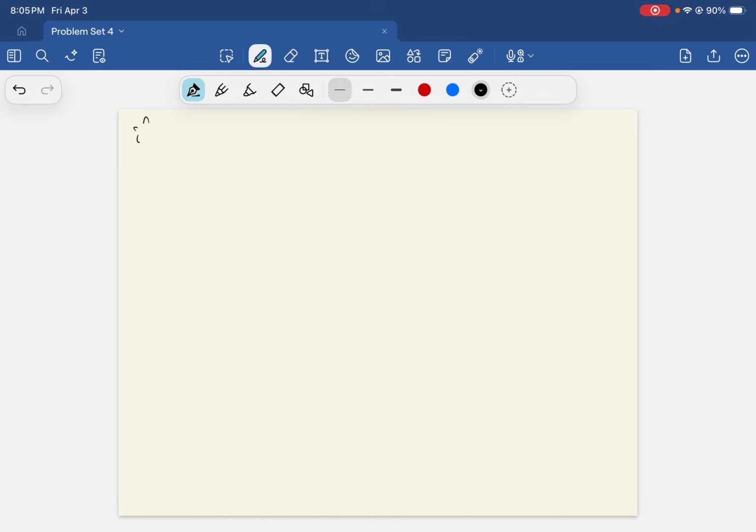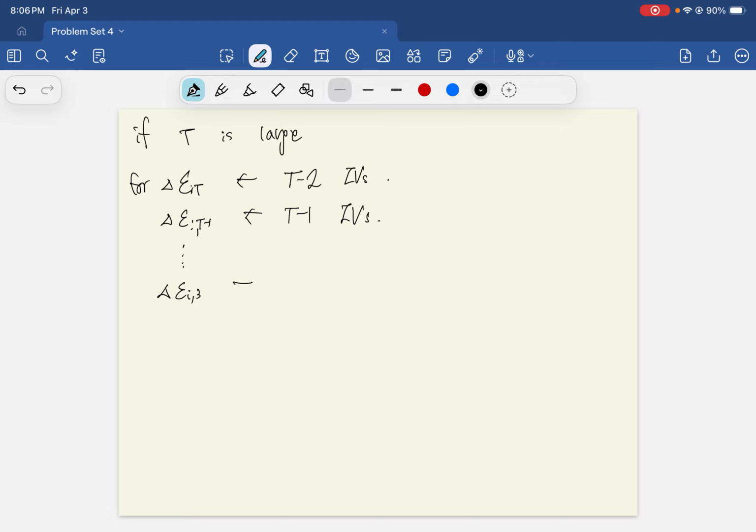Of course, if T is large, then it will be more complicated, because for example, for delta epsilon_iT, there are T minus 2 IVs, and for the previous period you have T minus 1 instruments, and as you go to delta epsilon_i3, you get 1 instrument.